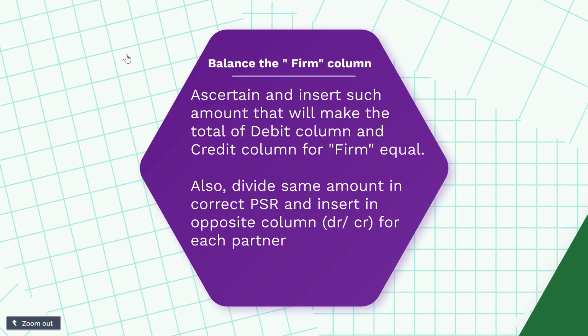After doing so, we need to divide this amount in the correct profit sharing ratio between the partners and insert it in the opposite column for each partner.